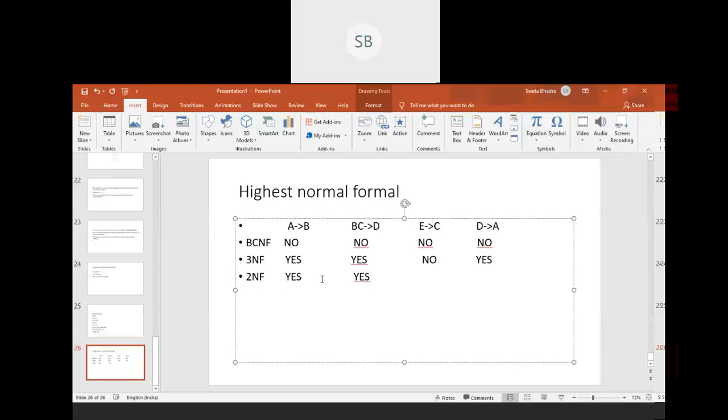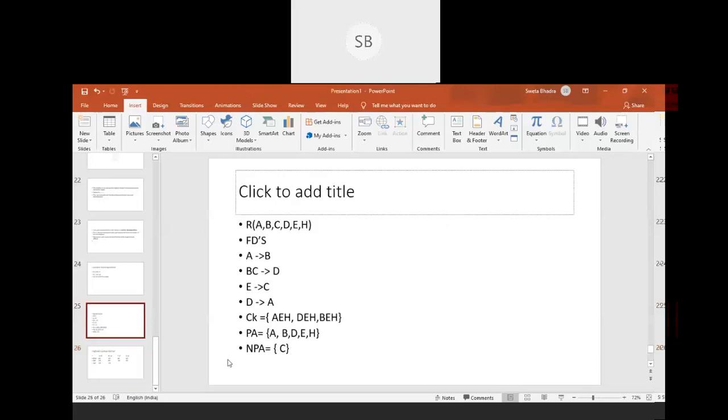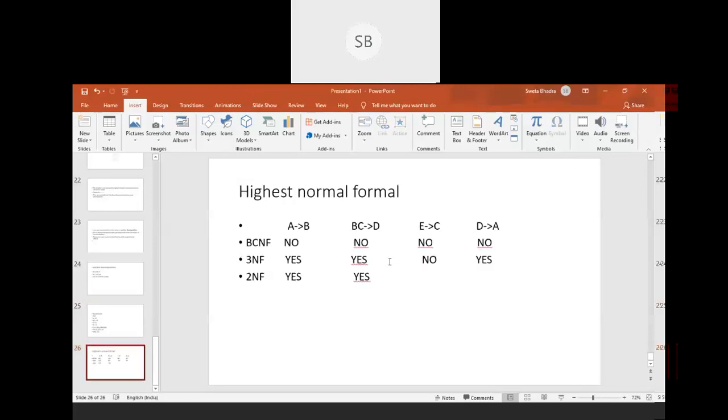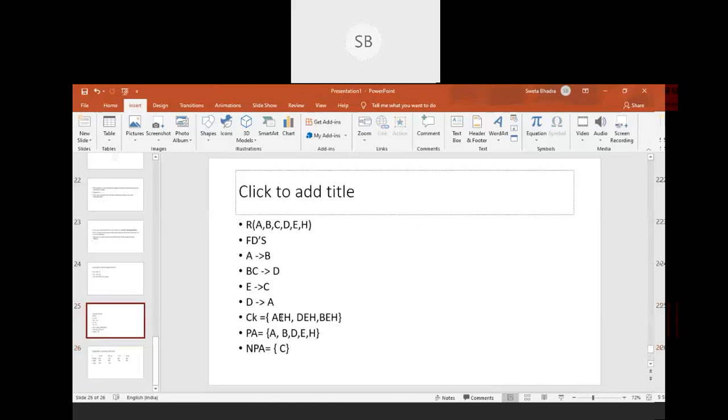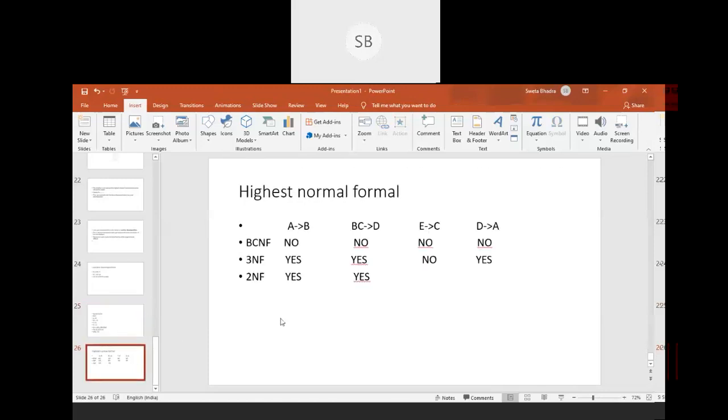Now check if there is any partial dependency or not. So whether it is a subset, there is partial dependency. C is a non-prime attribute, and E is a subset of a candidate key.